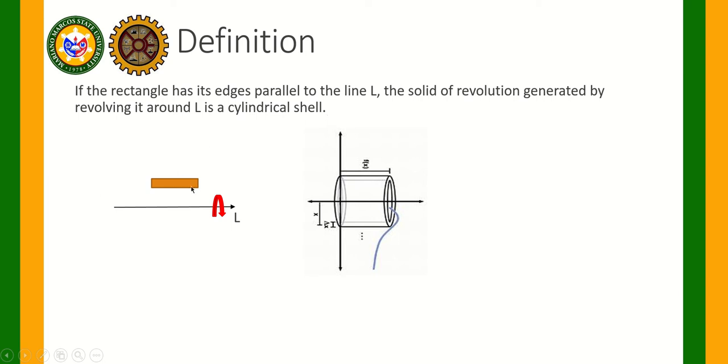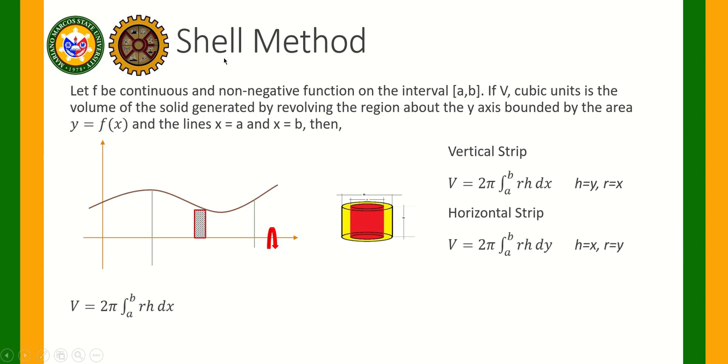So, ngayon naman yung strip natin is parallel to the axis of rotation, or yung kaniyang edge touches the axis of rotation. So, we are yung ma-generate natin na solid of revolution will be a cylindrical shell. And if that happens, we are going to use the shell method.